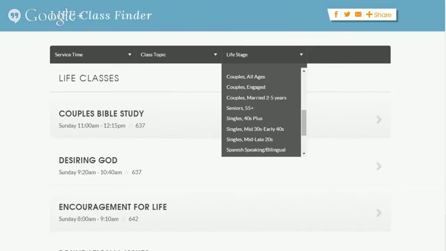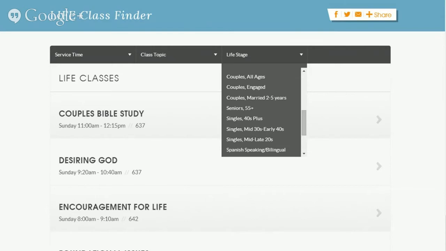So here's an example. This is from pray.org, Providence Baptist. They have a life class finder. Life classes for them happen on Sundays during or between services. So you can select which service you go to and filter all the classes by that. You can filter a class by a topic. Sometimes those are Bible study, other times they're on divorce.